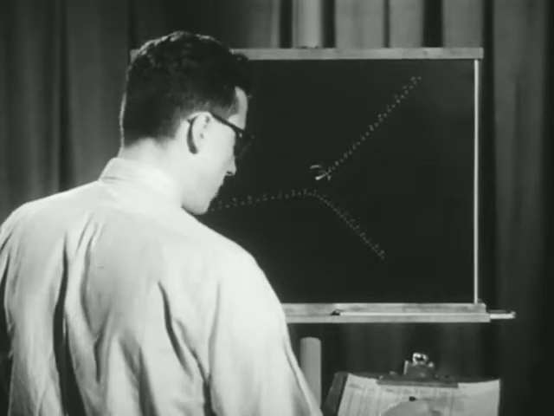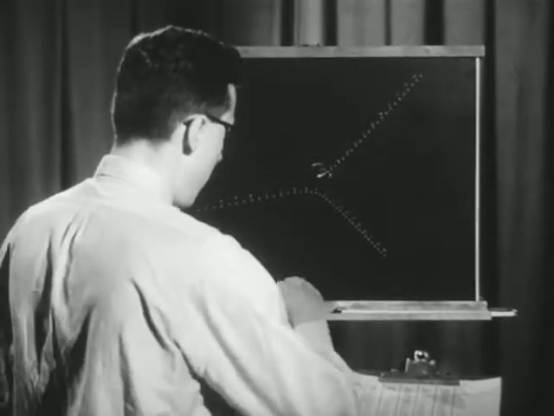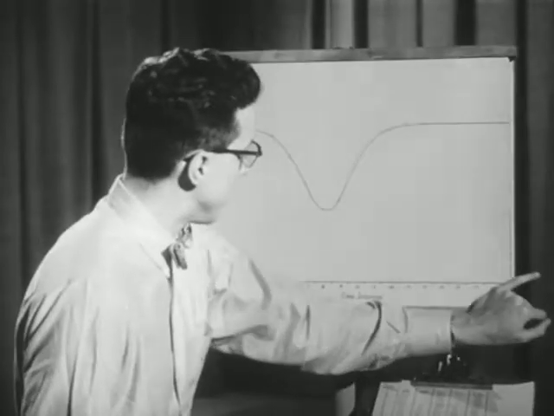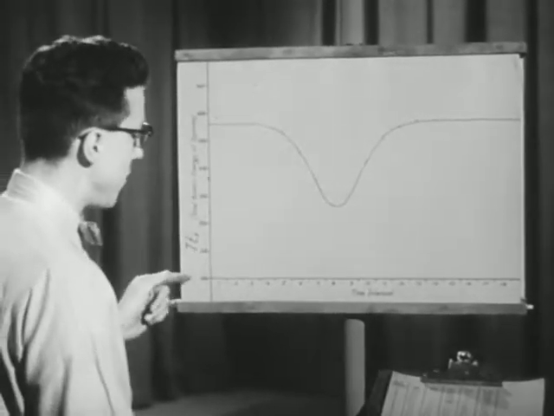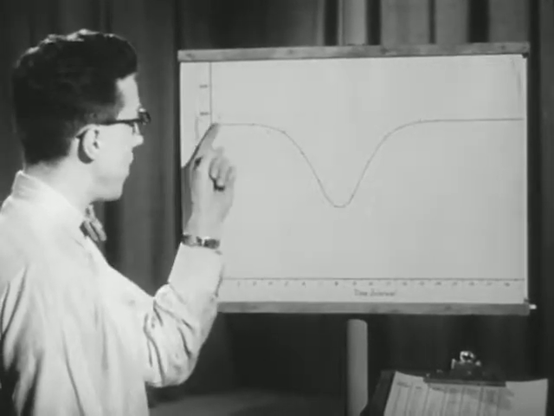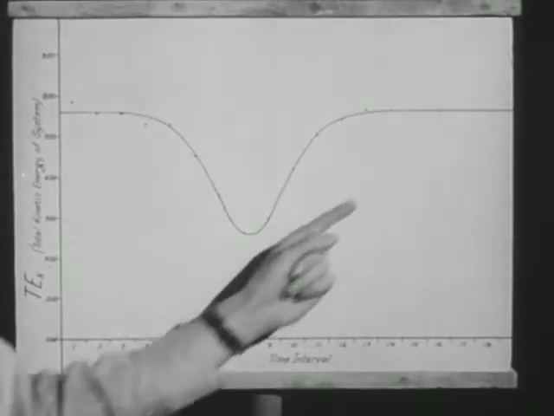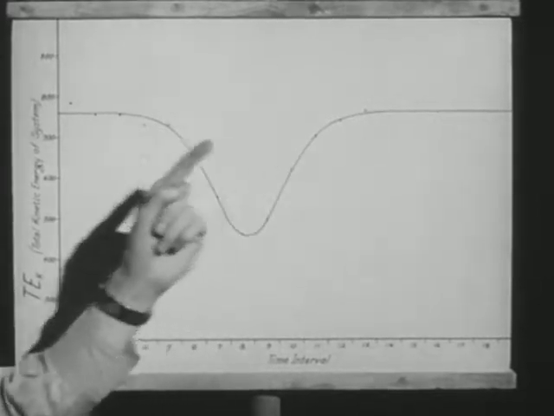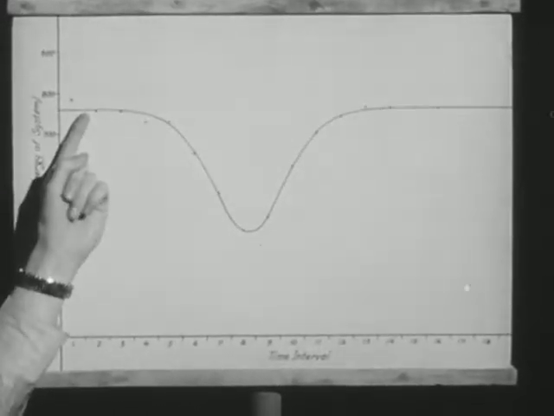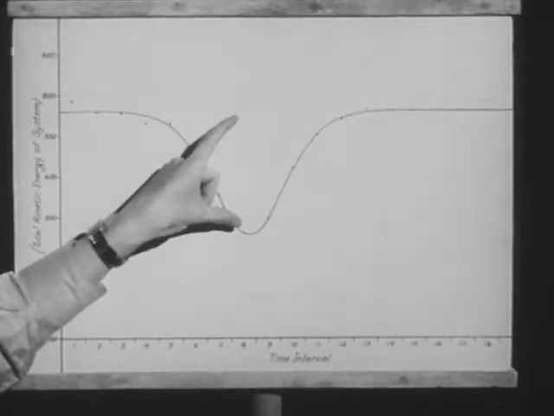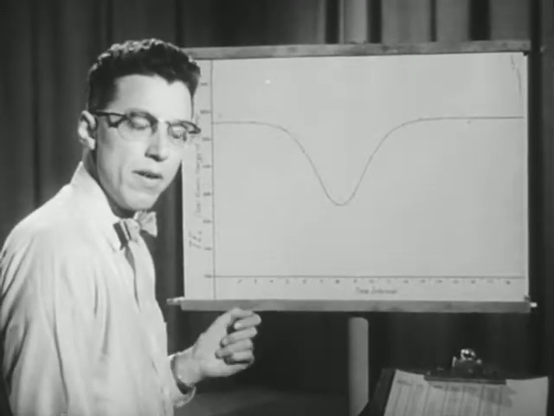To get a better look at what's happening here, I've plotted the data on a graph. The total kinetic energy versus time shows us that indeed, during the collision, some of the kinetic energy had disappeared. But after the collision, the total kinetic energy is the same as before, so this energy disappearance was only temporary. So what's going on here?